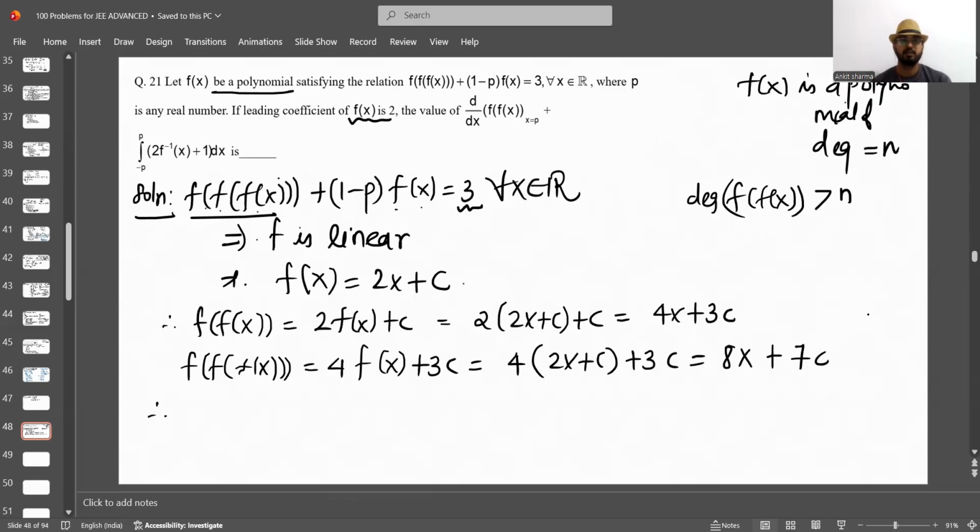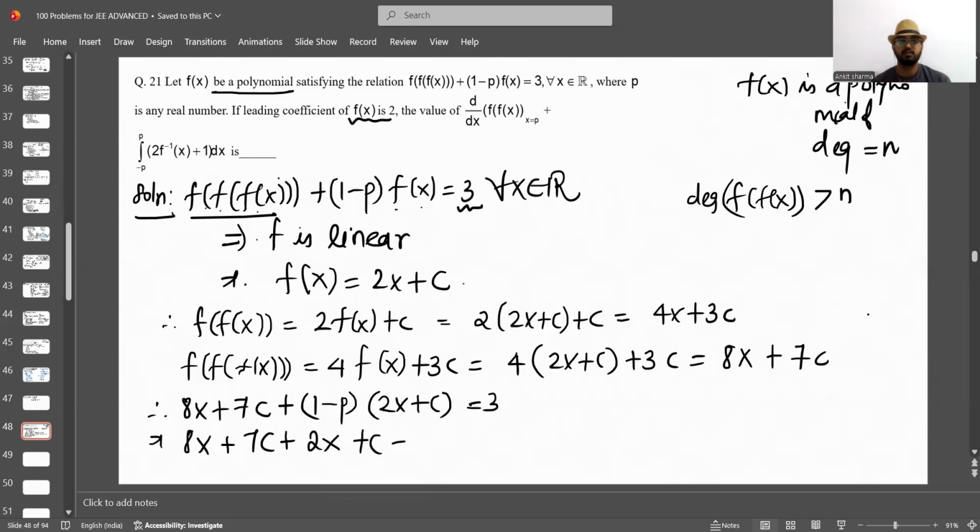And now I'll consider that equation. So I have 8x + 7c + (1 − p) times (2x + c) equal to 3. If I open this, I have 8x + 7c + 2x + c − 2px and then − pc equal to 3. So 8 + 2 is going to be (10 − 2p) into x.